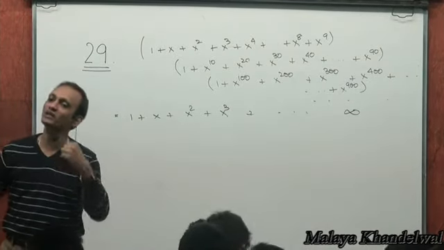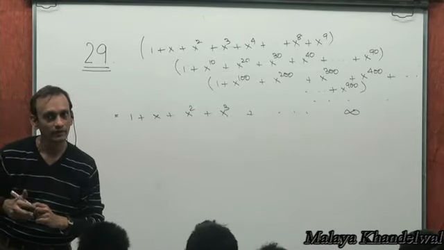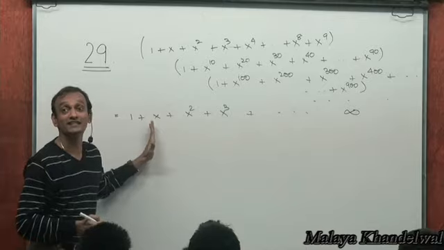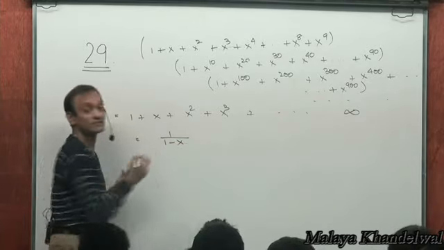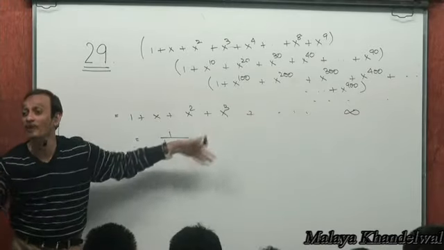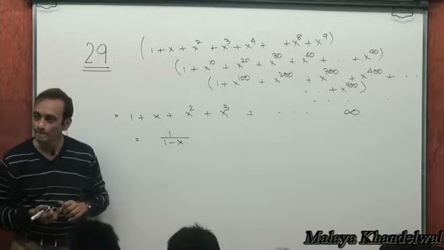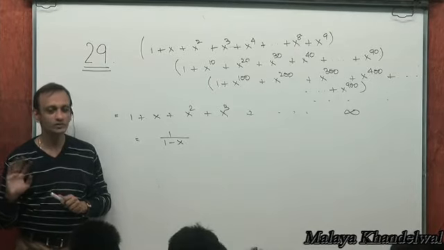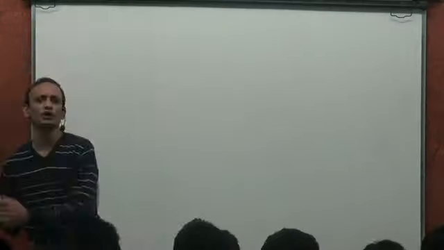With every power of x appearing exactly once. Is this not the product? Yes. Right? And if mod x is less than 1, this would be 1 by 1 minus x. If mod x is less than 1, sum of an infinite GP series. Clear? Right?